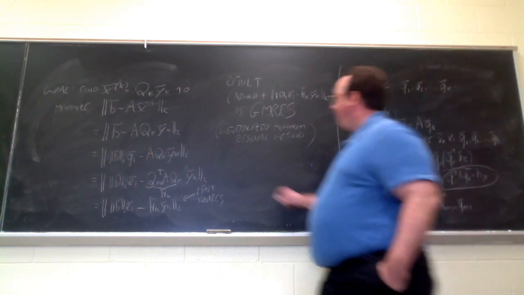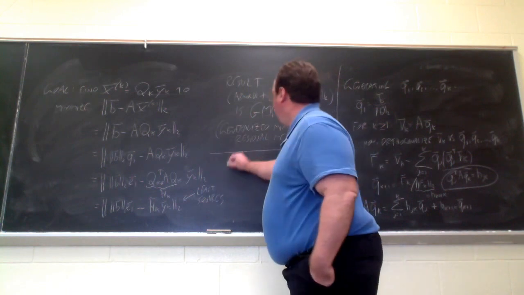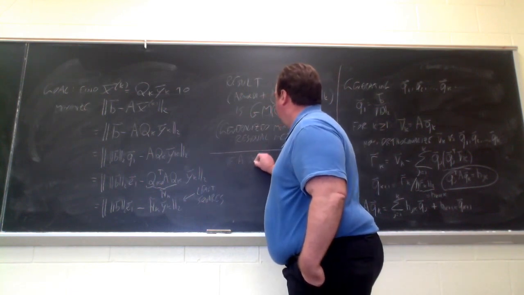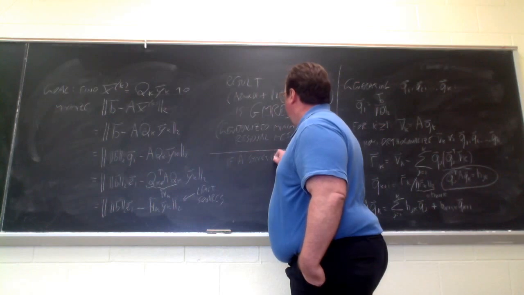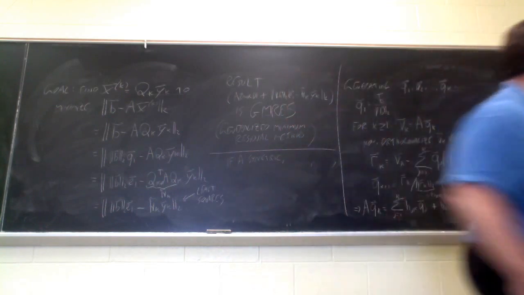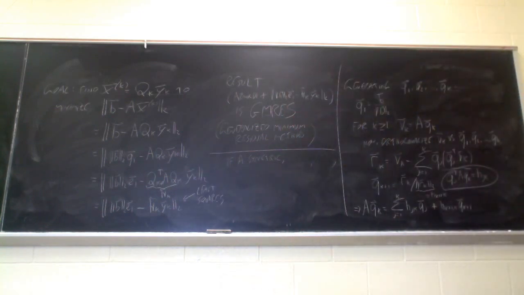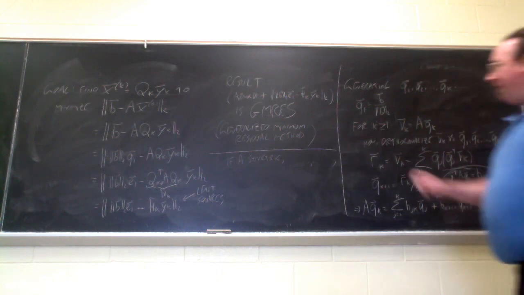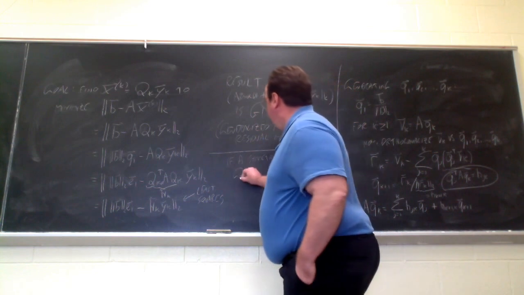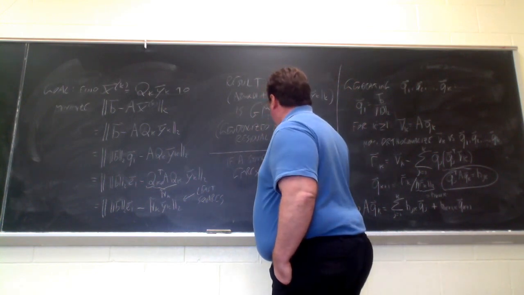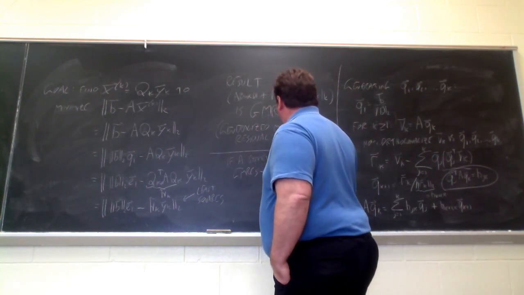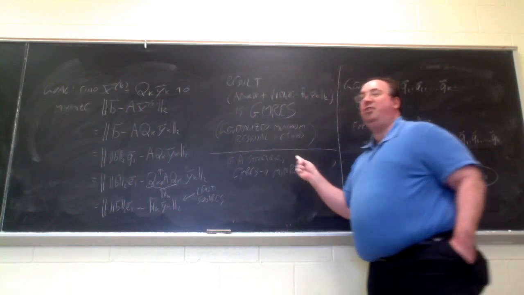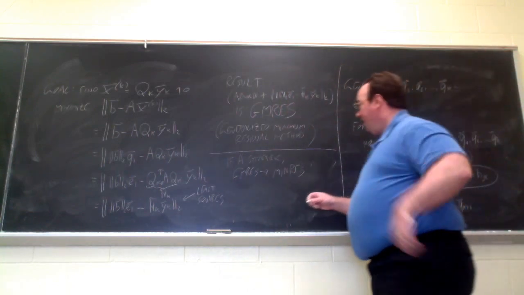One specialization of this, or special case of this, is if A is symmetric. It doesn't matter whether it's positive definite or not. Alrighty. If A is symmetric, then GMRES becomes what is called MINRES, which is just the minimum residual method.